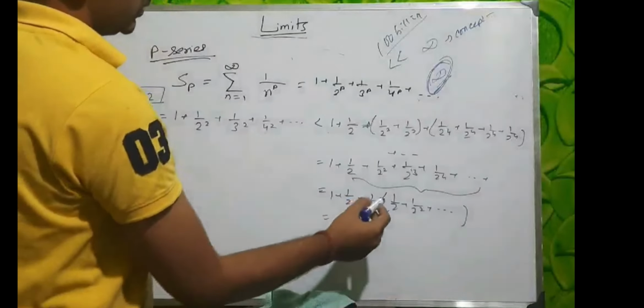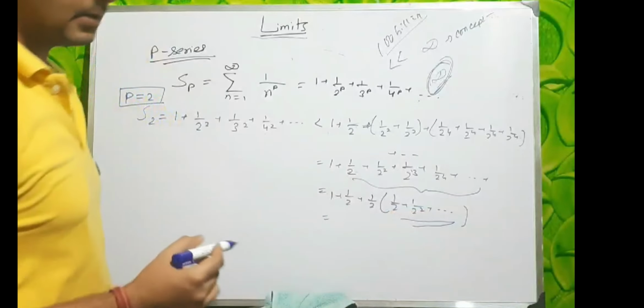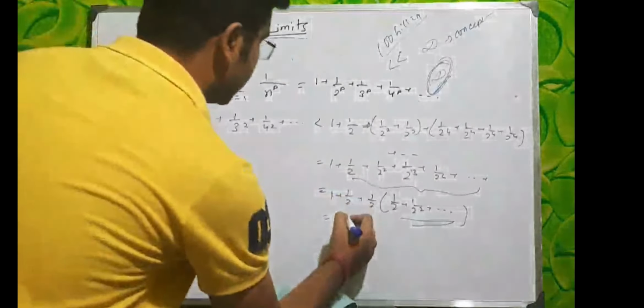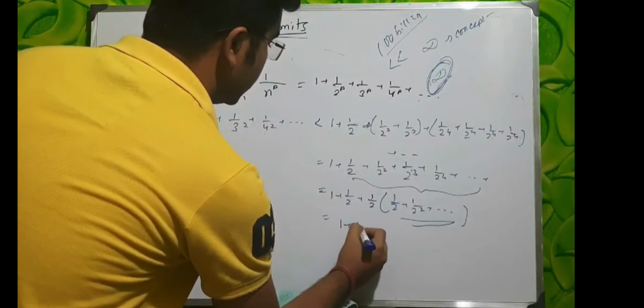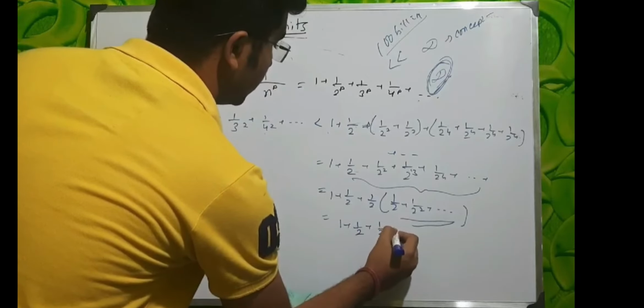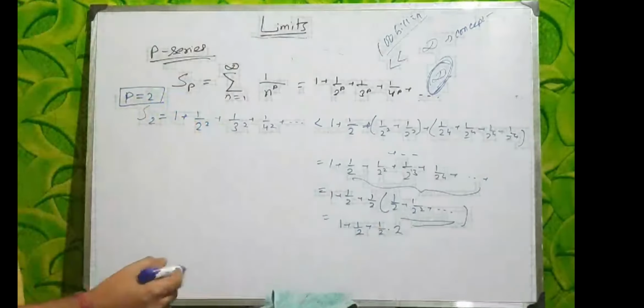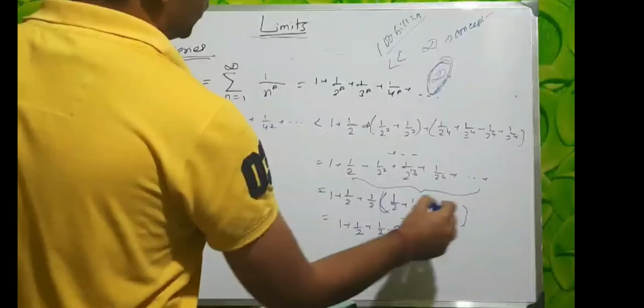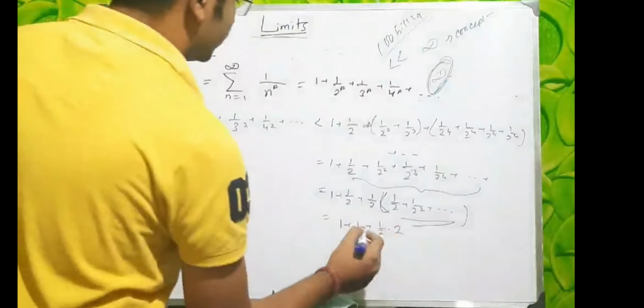So what is the value of this GP? Calculate it. We are going to see this GP has a value of 2. If we calculate, we are going to end up with the value of 2. This GP has a finite value.